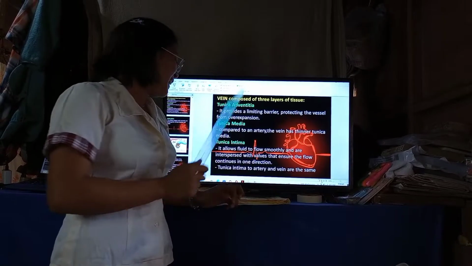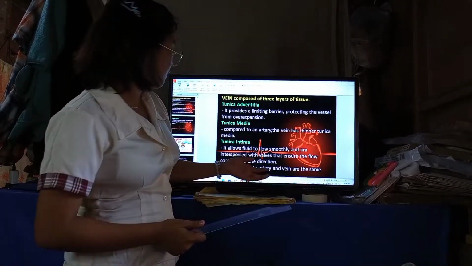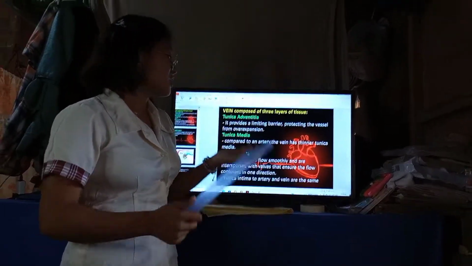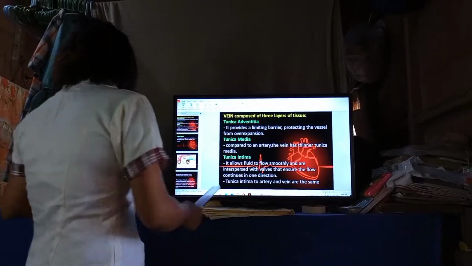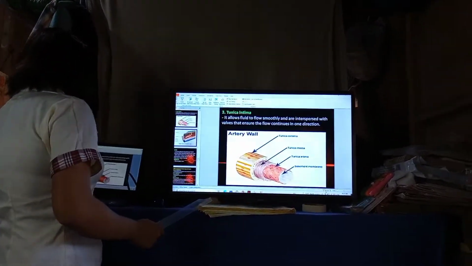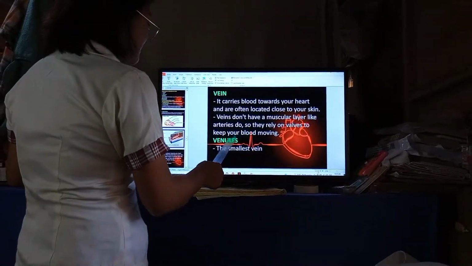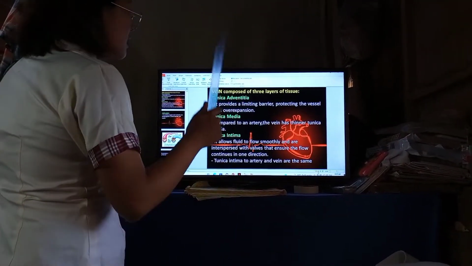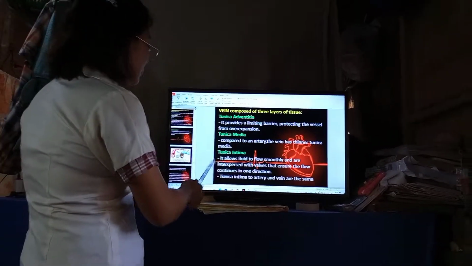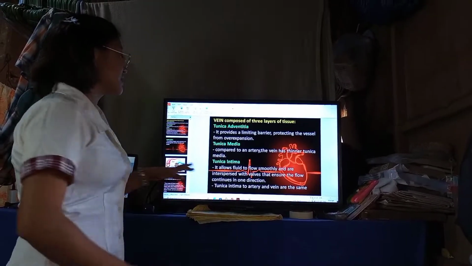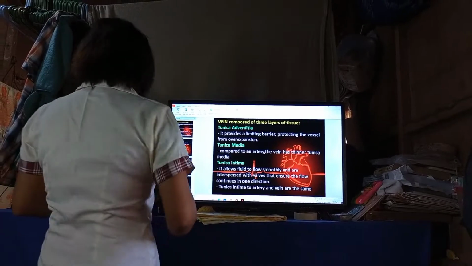Then the tunica intima allows fluid to flow smoothly. The tunica intima of the vein and of the artery are the same.